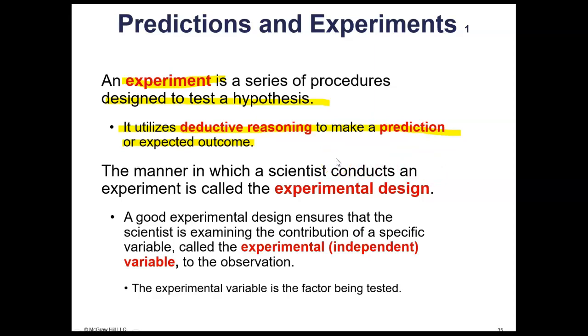Okay? So the factor being tested, the experimental variable, is the independent variable. And what we were testing is the presence or the absence of penicillium on the petri dish. And then the dependent variable, which I don't see on here anywhere, so I'll write it. The dependent variable is what you measure.